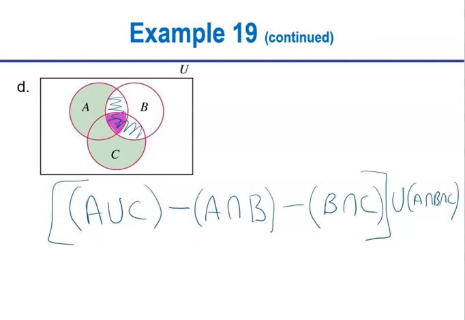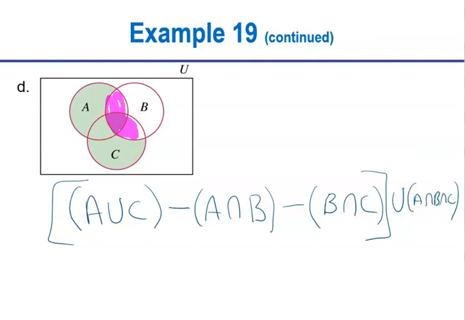So A union C, that's all of A combined with all of C, and I'm using the difference of A intersection B, which is this part right here. So that part comes out, and B intersection C comes out. And so what that does, unfortunately, is it gets rid of that green part in the middle that we want. So I union that back in, A intersection B intersection C.